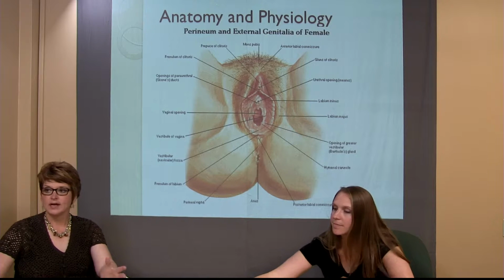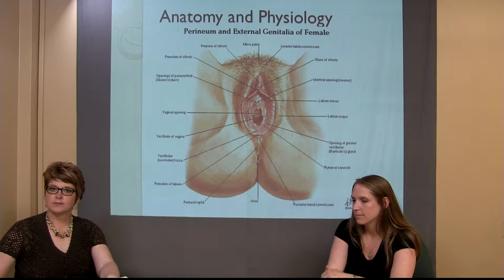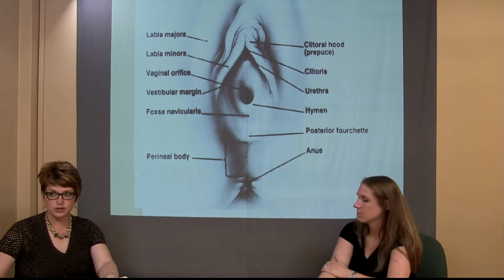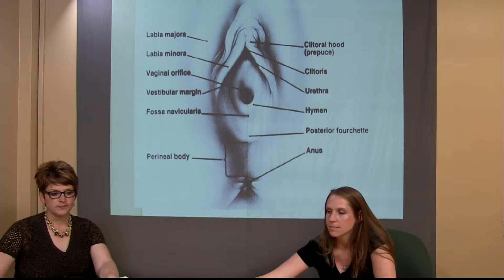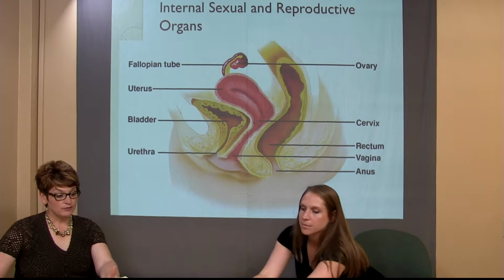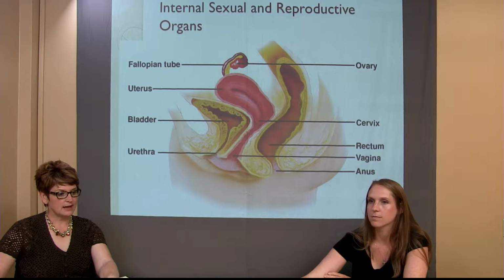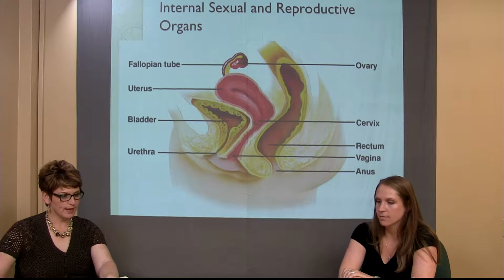Absolutely. And so, anatomy and physiology review, you can review the anatomy. If you have not looked at this in a while, we're going to look at several pictures. Here's another representation of the female genitalia. Next, we have a side view of the female genitalia so that you can see the anatomy from the lateral perspective instead of the AP perspective.